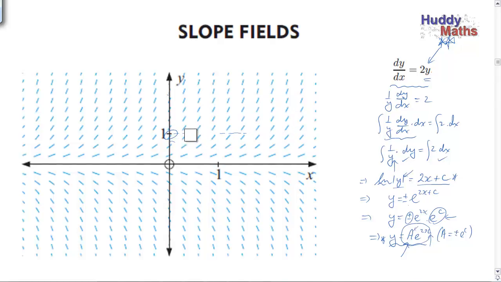Let's try and draw this one in now, going through 1. So we're starting here at 1, it's got to look like that. We'll go up here first. So if we go here, we've got to go here, picking up those slope lines, getting steeper.